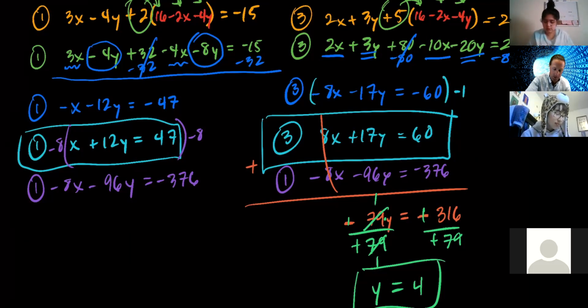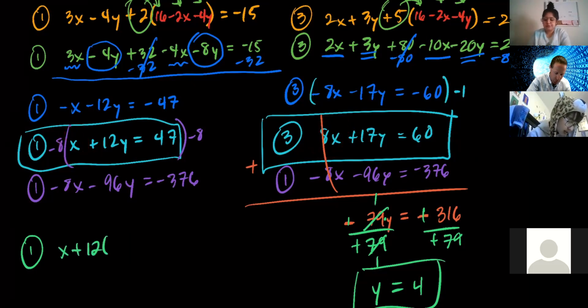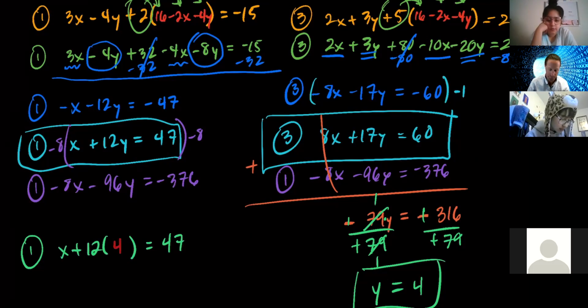But very good, Brianna. 1 is definitely the one that I want to use because it's easier. It's already almost got X by itself instead of an 8X. So remember, we got our X plus 12Y equals 47, and we said that Y was 4. So we're just, again, back substituting in what we know.